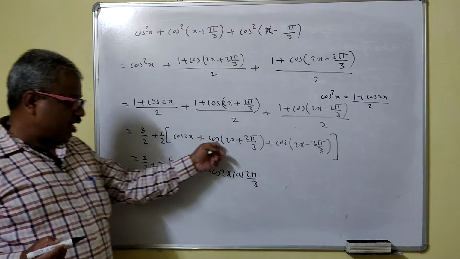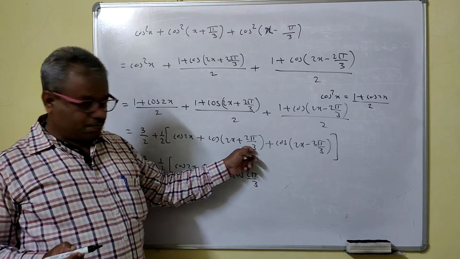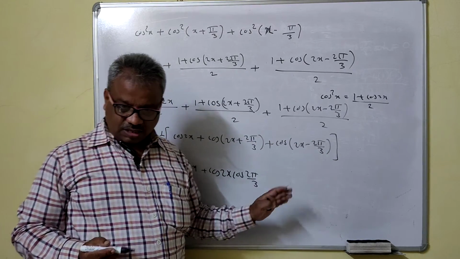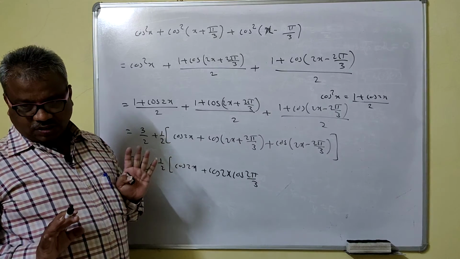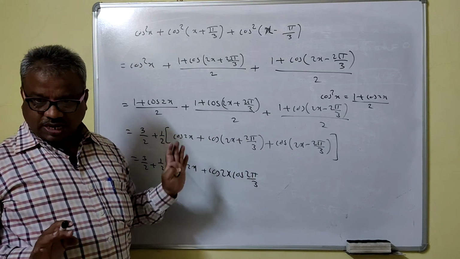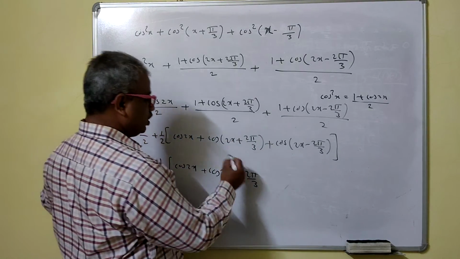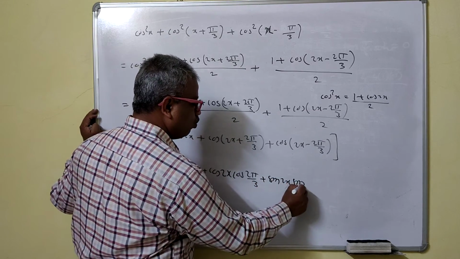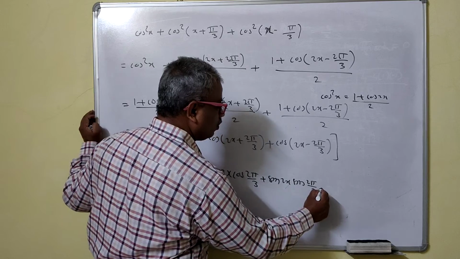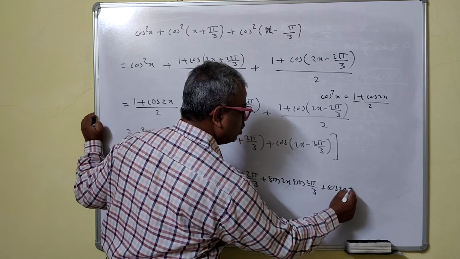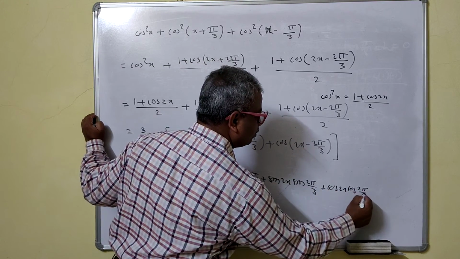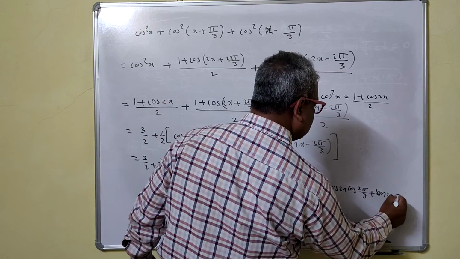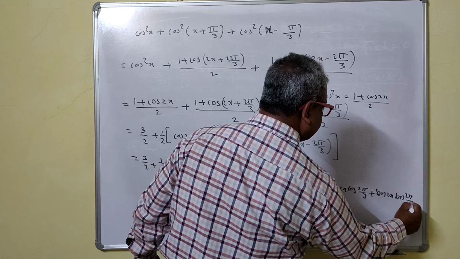Now see, the second term is minus, but here the second term is plus now, so it will get cancelled. For expansion, we write the first term only: plus sine twice x sine 2 pi by 3, plus cos twice x cos 2 pi by 3, minus sine twice x sine 2 pi by 3.